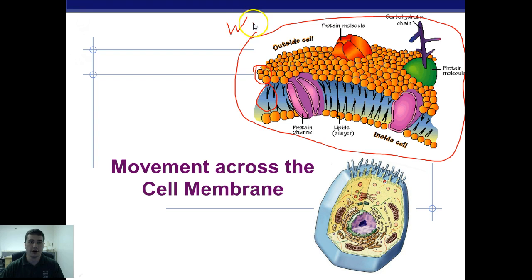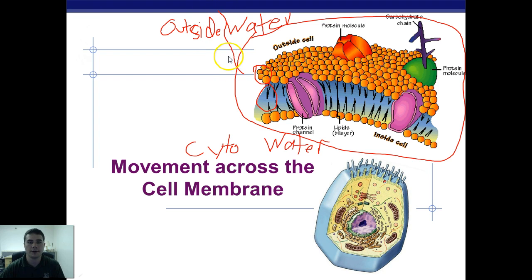So you can have water up here, and then you can have water in here. And this might be the cytosol or the cytoplasm, and this is just the outside world. This is just kind of breaking them apart.